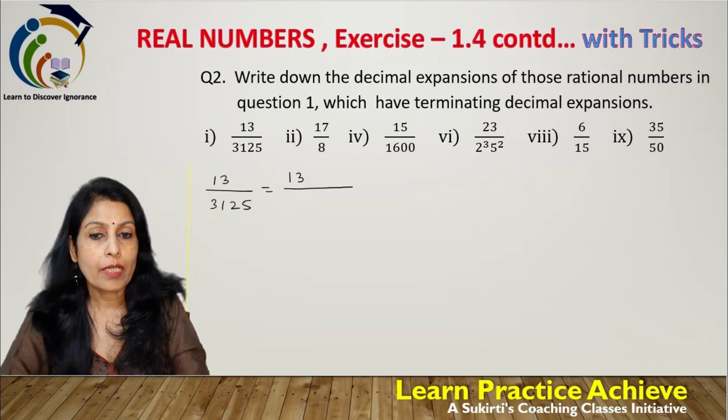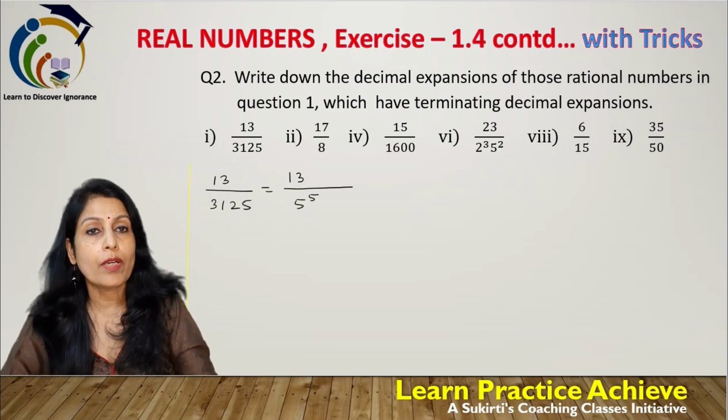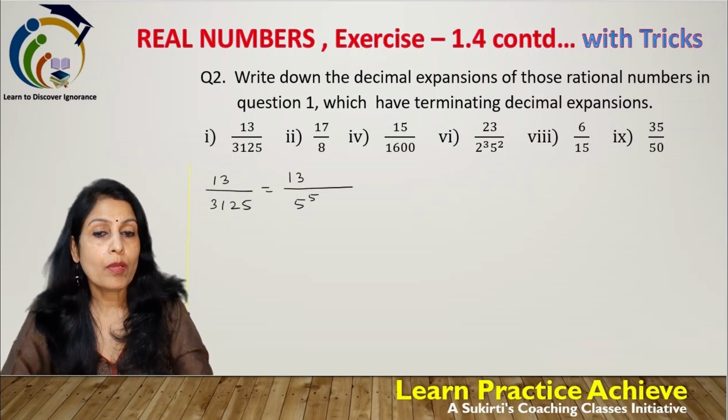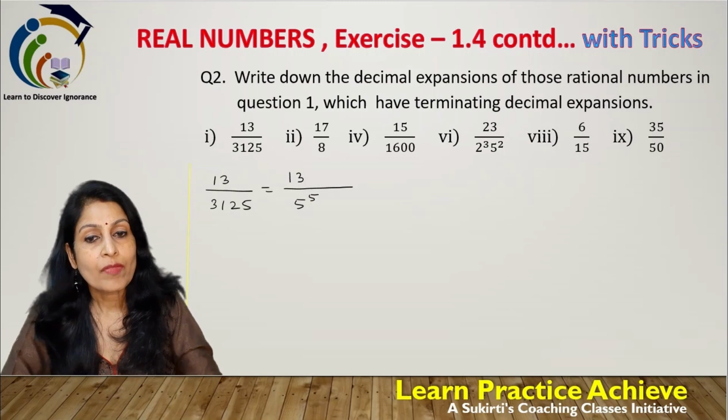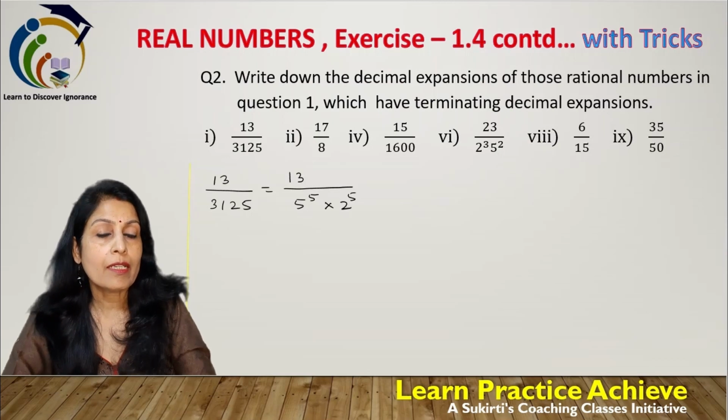When we take out the prime factorization of 3125, we know that this is 5 to the power 5. And if we multiply this number by 2 to the power 5, with the same power, then what will happen? We will get a denominator with zeros, like 100, 1000, 10,000, like this.